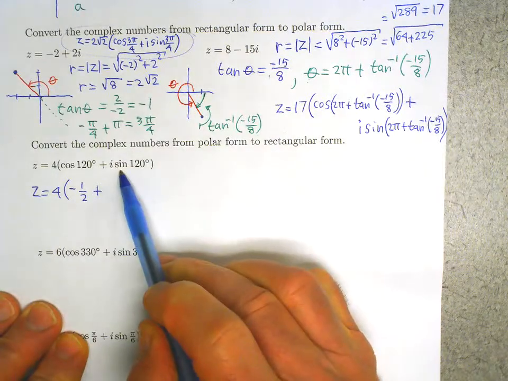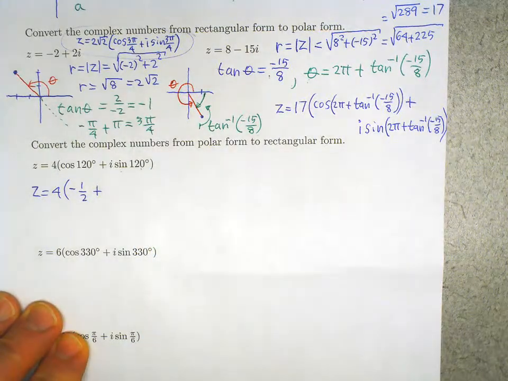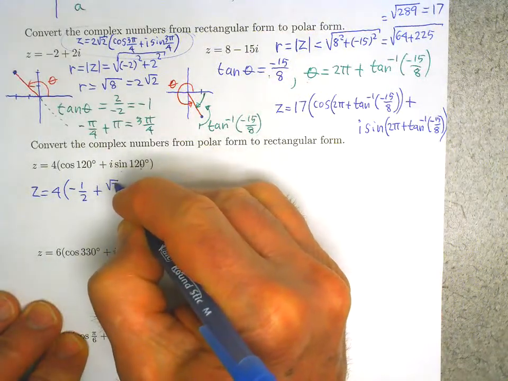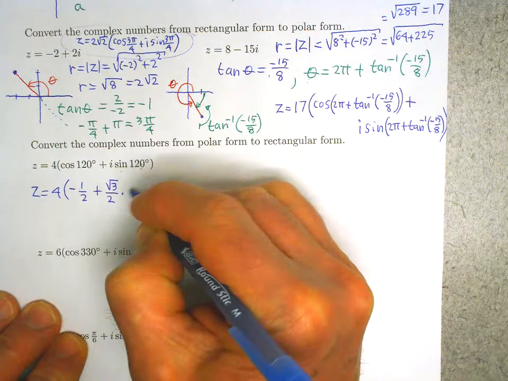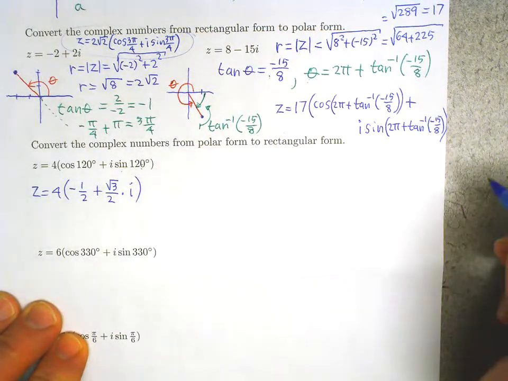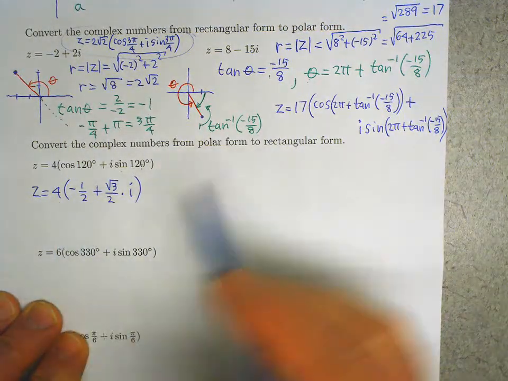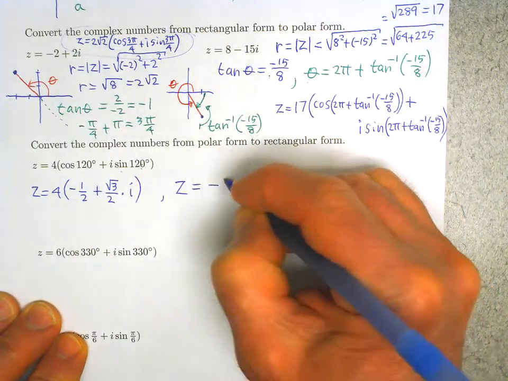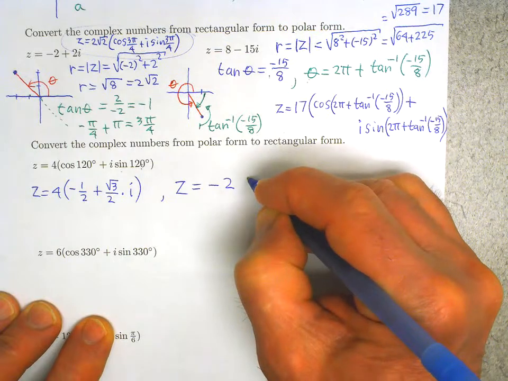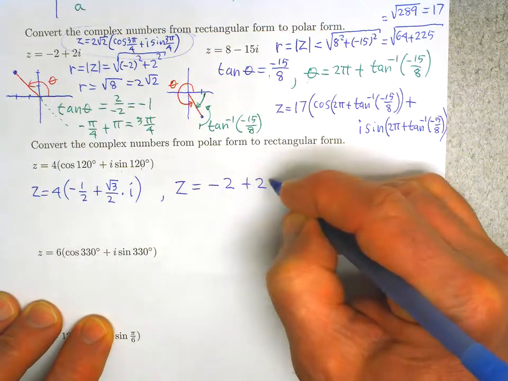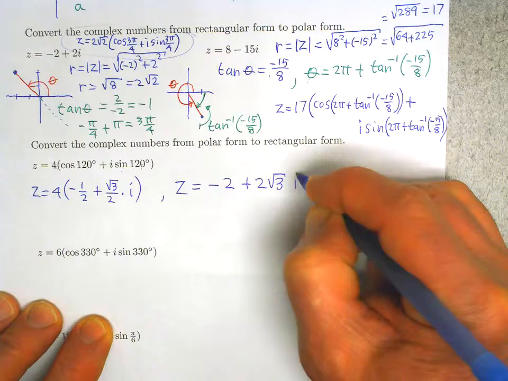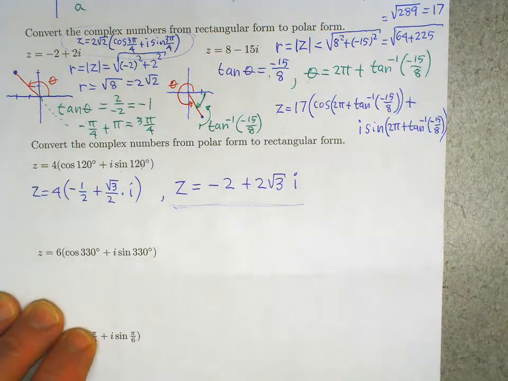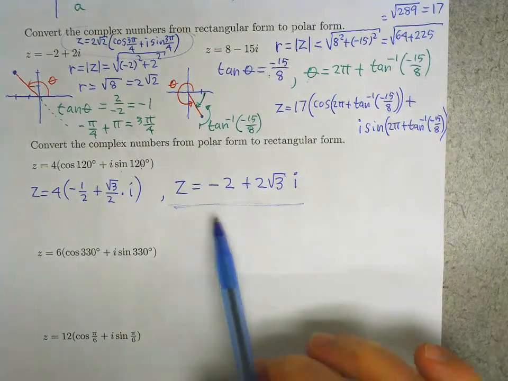And sine of 120, it's in the second quadrant, so that's square root of 3 over 2 times i. Then we distribute multiplication by 4, and we get z equals negative 2 plus 2 times the square root of 3 times i. So this is the rectangular form, the a plus bi form.